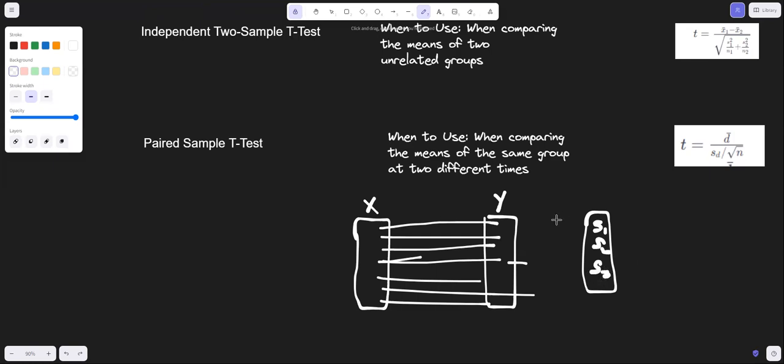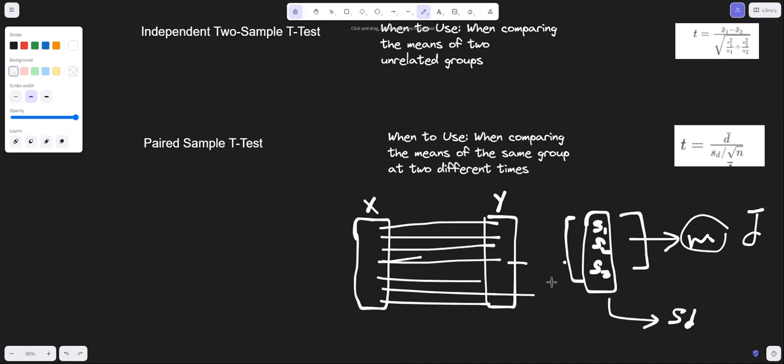I take the differences of each pair, before and after, and create an array. Now I'll take the mean of this array, which is my d bar. After that, I'll take the standard deviation of this, which is my SD, and the total number of pairs is my n.